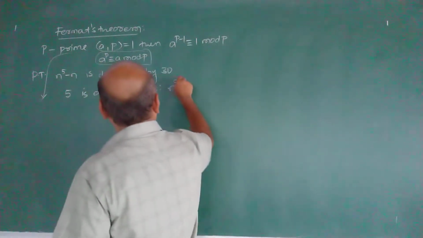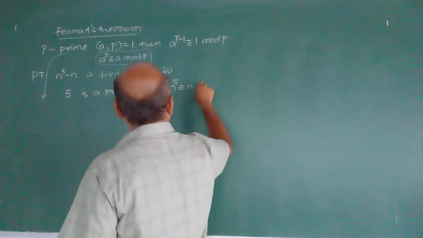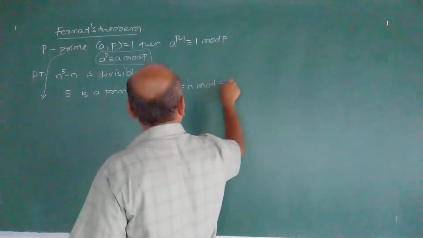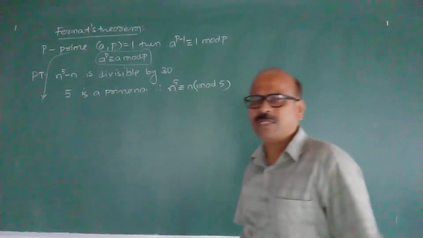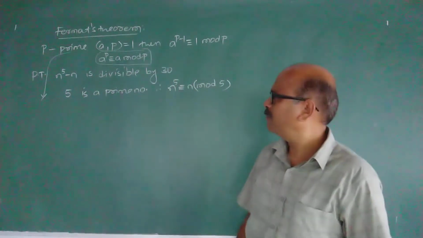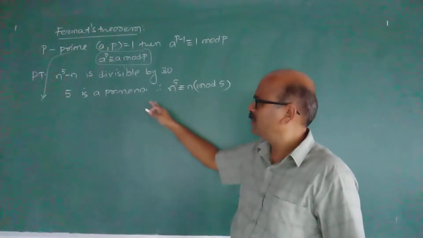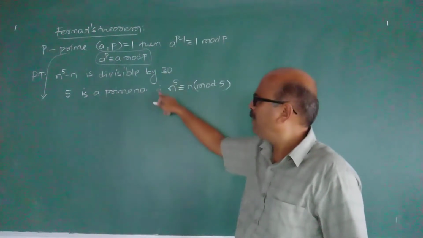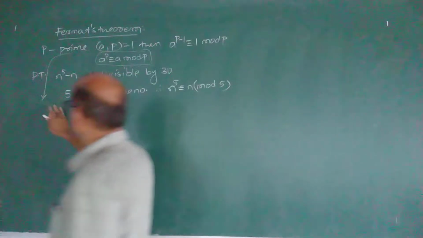Therefore, n raised to 5 is congruent to n mod 5. In place of A, I have taken n. N is any positive integer, 5 is a prime number. By Fermat's theorem, we have this.